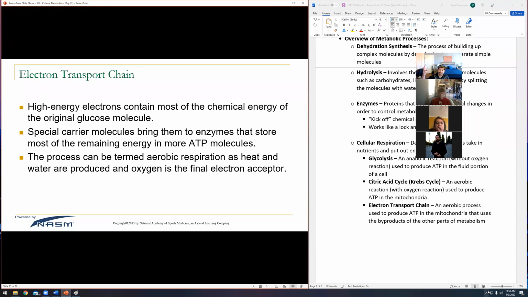Glucose becomes lactic acid and a little bit of ATP. It becomes ATP, but that lactic acid, that's a byproduct, right? That's the leftovers. Well, those leftovers are the ingredients for the citric acid cycle, for the Krebs cycle, right? And it creates more ATP, but it creates NAD and FAD as a byproduct. And then the electron transport chain uses that byproduct, right?